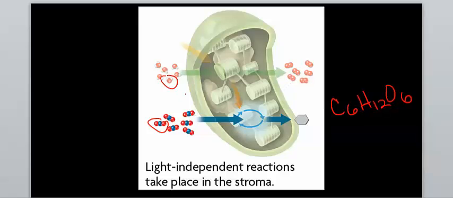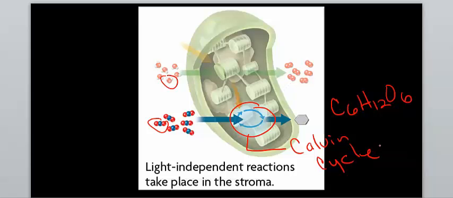It's water and CO2 together making the glucose. And right here is the Calvin cycle. So that's a very simple definition of the light independent reaction: converting CO2 and water into sugars.